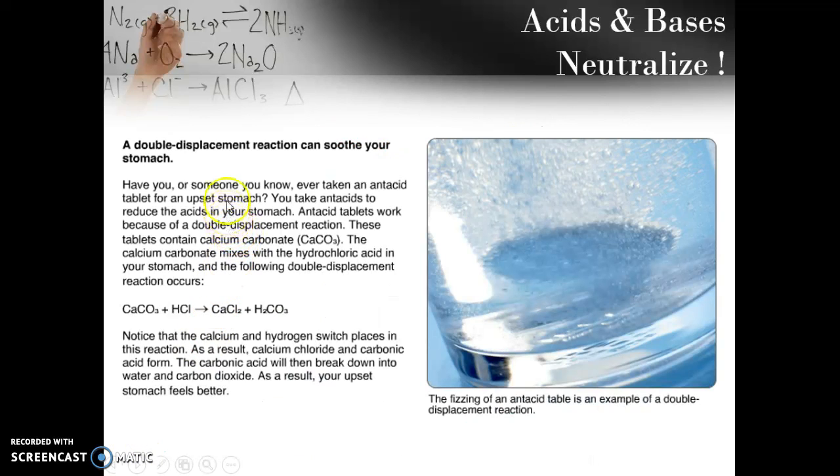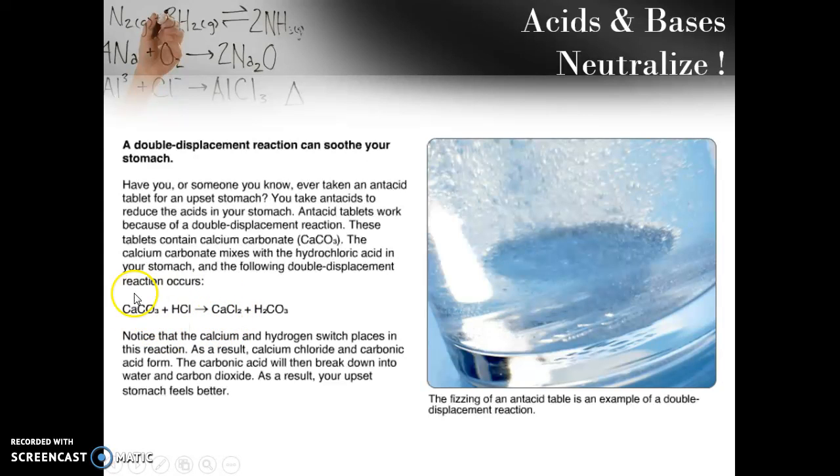So one example of a double displacement reaction that you might have seen is something that can soothe your stomach. If you've ever taken an antacid before, basically an antacid tablet contains calcium carbonate, and it mixes with the acids in your stomach, HCl is an example of that, to form calcium chloride, which is neutral.